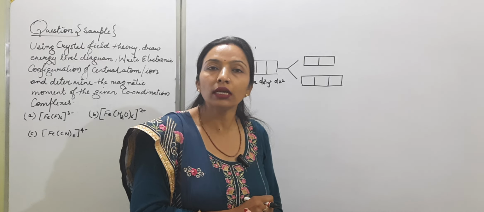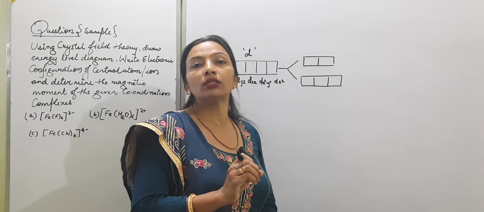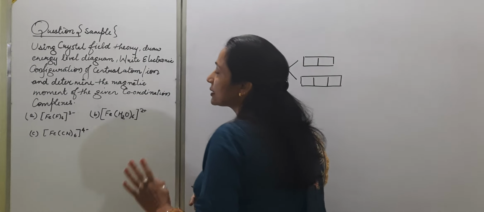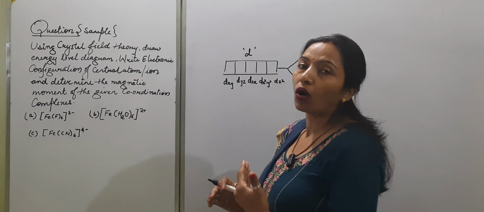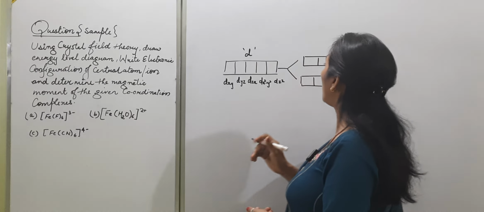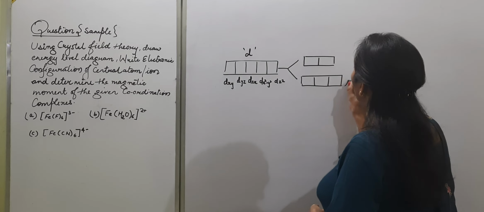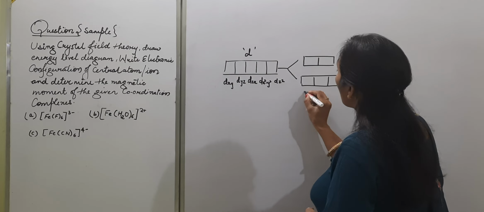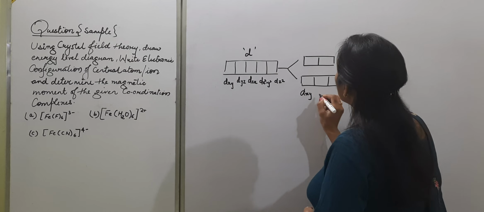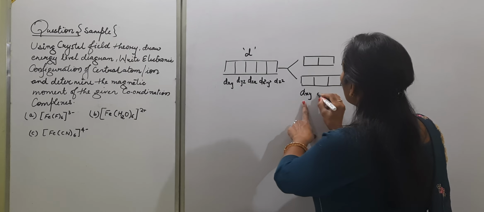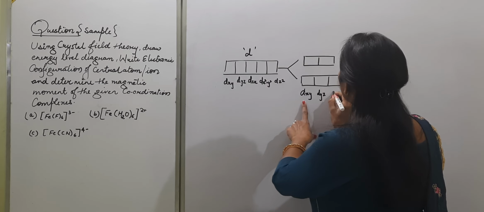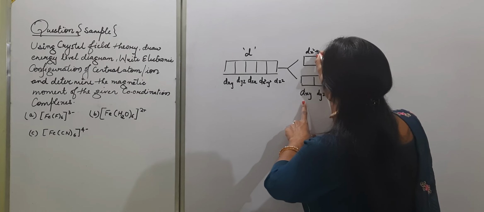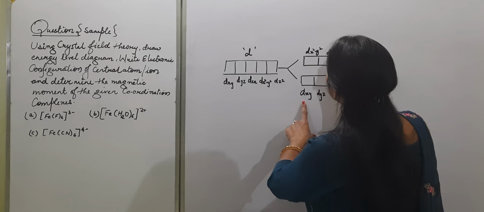division, which is different for each. Because this question is on coordination number 6, coordination number 6 means these are octahedral complexes. For octahedral complexes, the degenerate orbitals are divided into T2g and Eg, and here the parts will be dxy, dyz, dzx, and this is dx square minus y square, and this one is dz square.